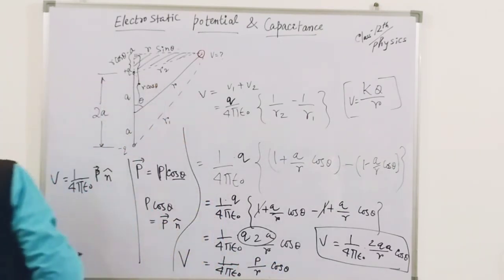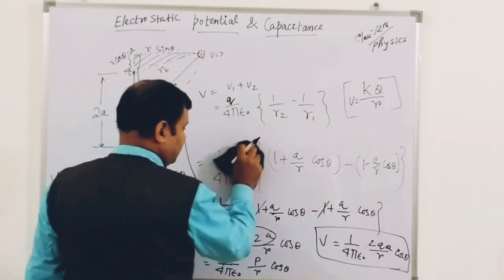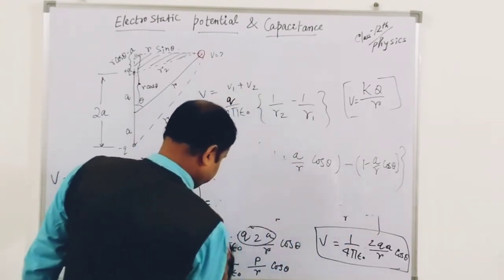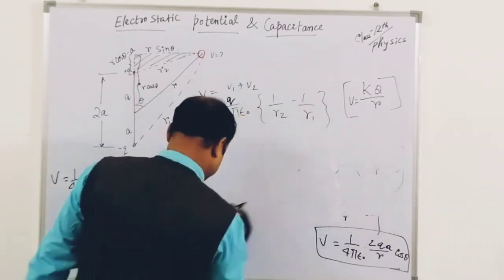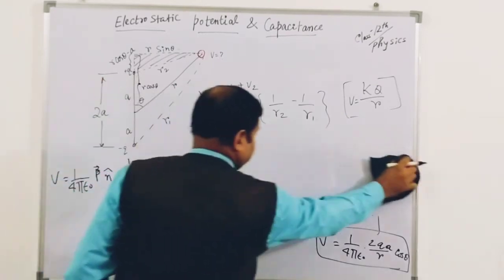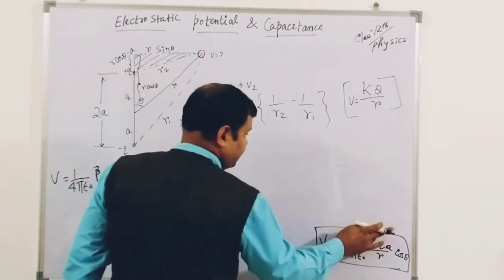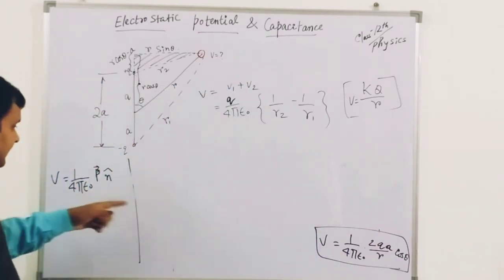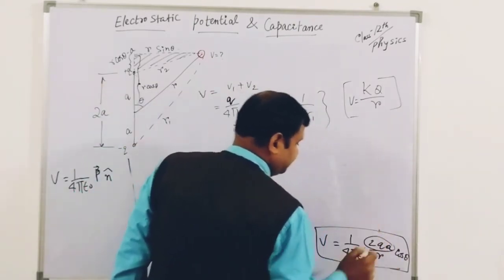We can consider 2-3 cases in terms of theta, because cos theta is involved here, and this is P in the case of a dipole.